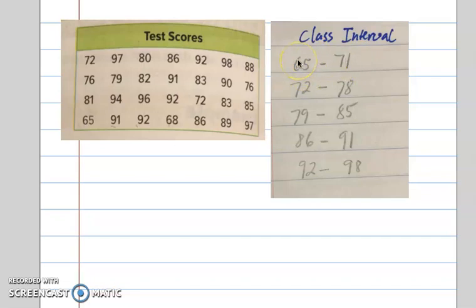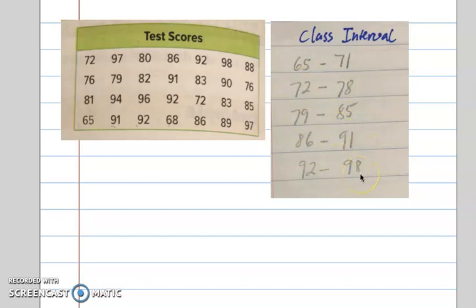So 65, 66, 67, 68, 69, 70, 71. That is 7 points, including 65. And then, since that's 71, we start giving 72, 73, 74, 75, 76, 77, 78. That's 7 from here to there, and so on and so forth.